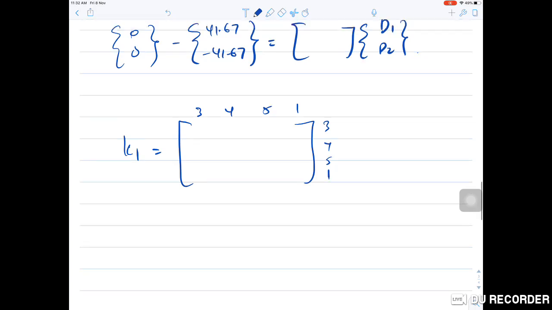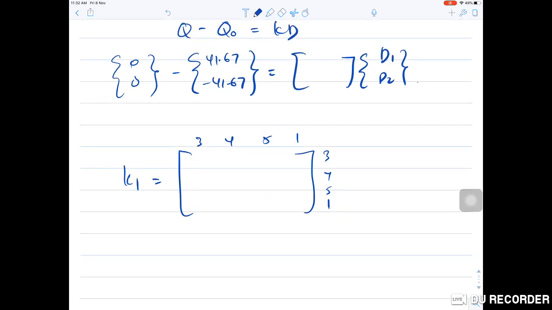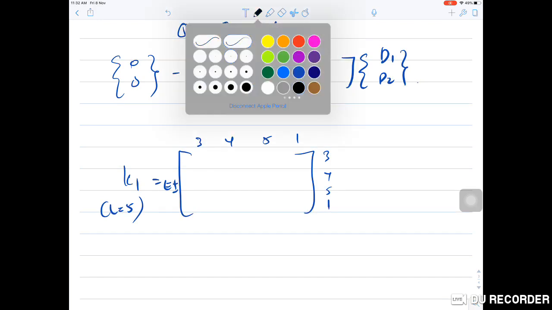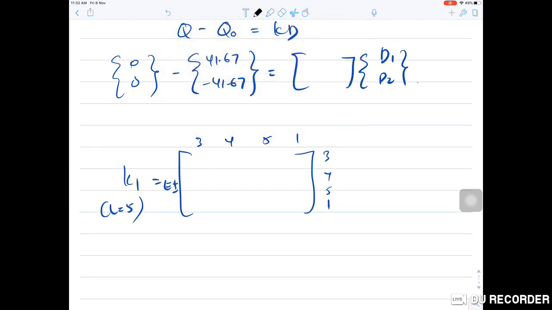Length for element 1 is 5, and EI is constant. So the first value is 12 divided by L cube, which is 0.096.